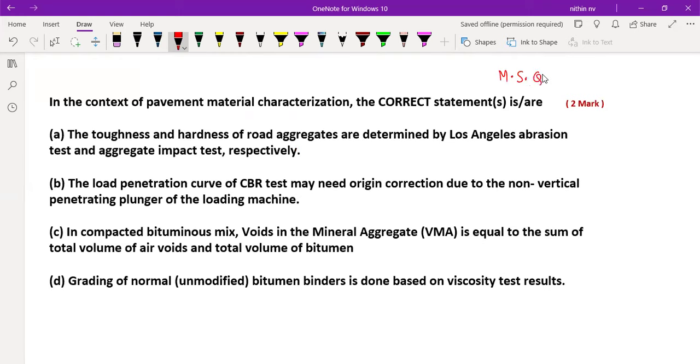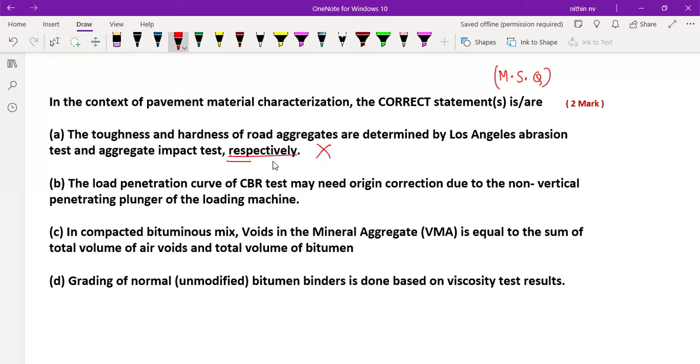It's an MSQ question, which means more than one can be correct. Sometimes only one may be correct. So look at the first statement. The toughness and hardness of road aggregates are determined by Los Angeles abrasion test and aggregate impact test. Is it correct? No, it's incorrect.